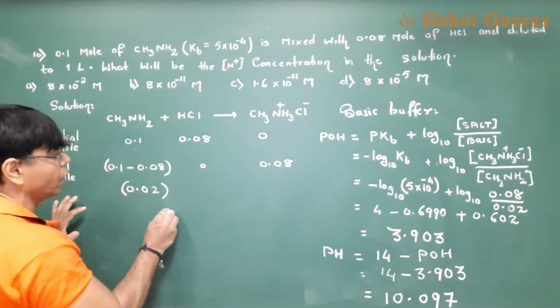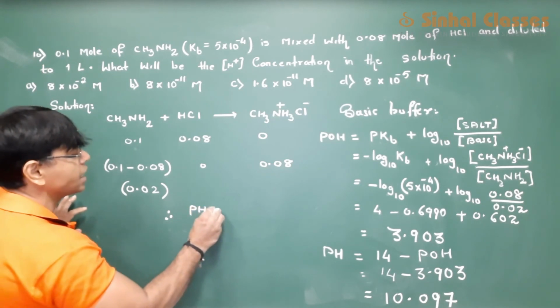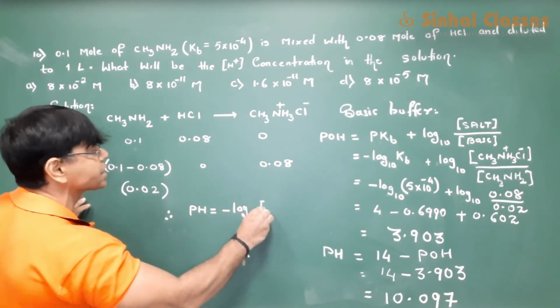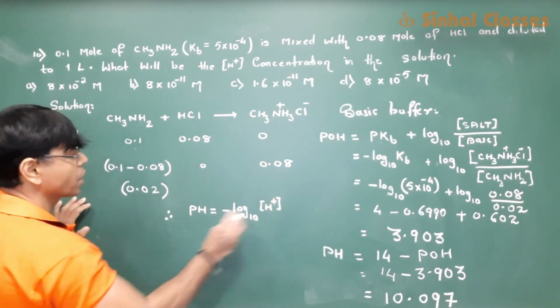We know that pH is negative log to the base 10 of H plus.